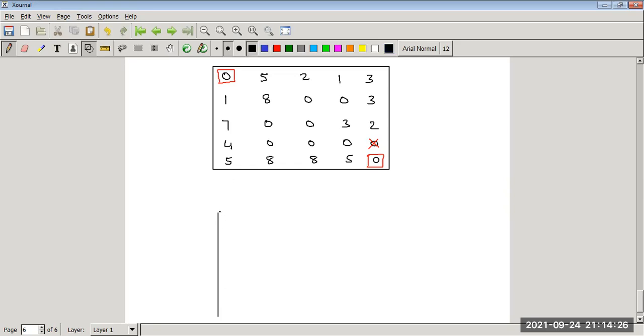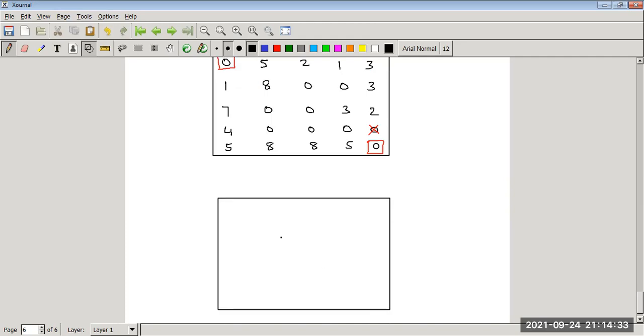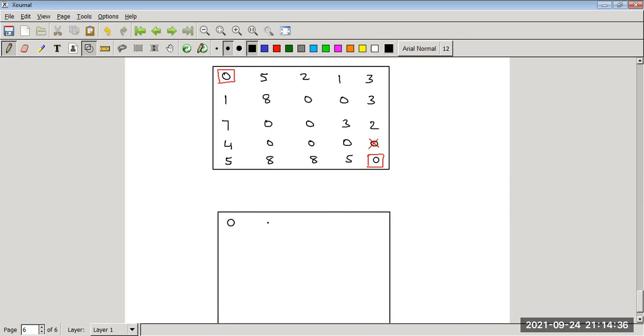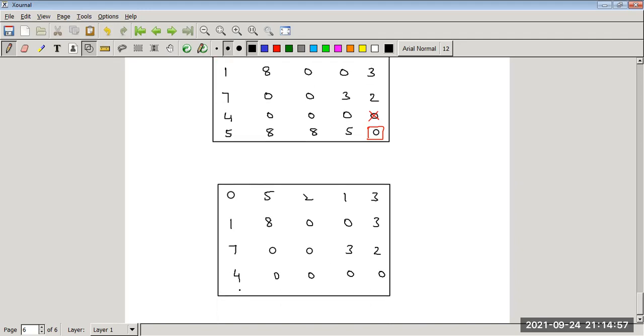We make the same table up to this point. 0, 5, 2, 1, 3, right? 1, 8, 0, 0, 3, 7, 0, 0, 3, 2, 4, 0, 0, 0, 0, 5, 8, 8, 5, 0.